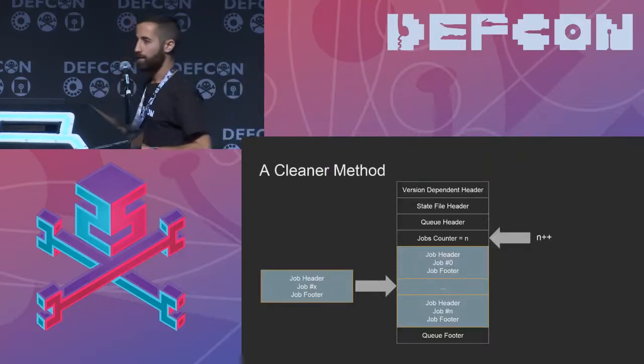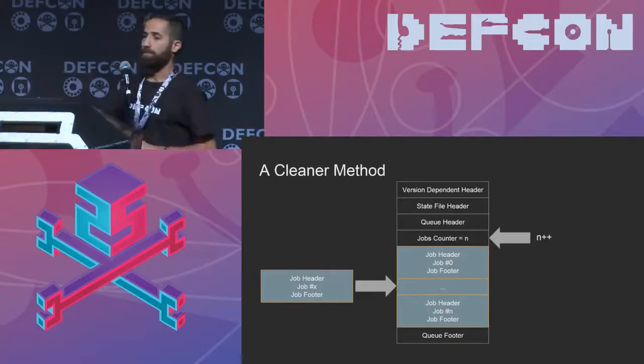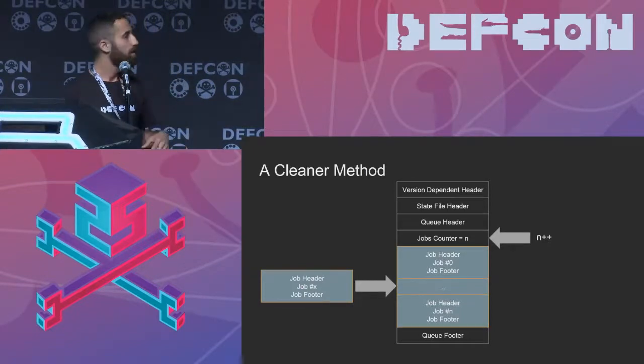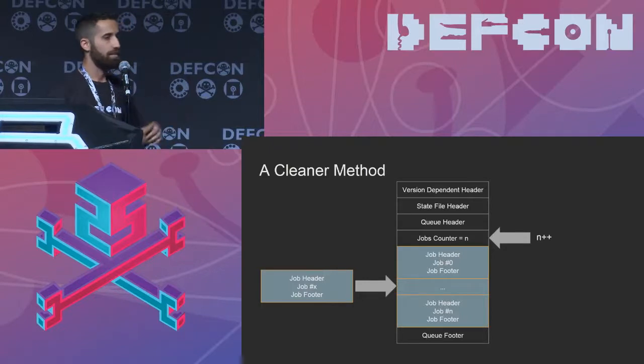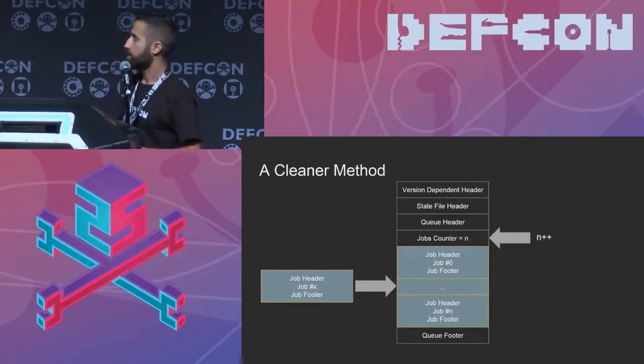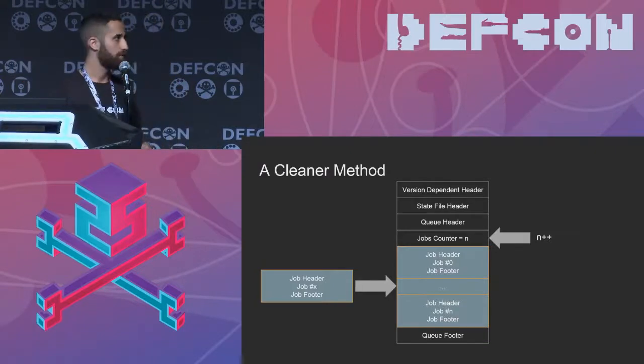Another improvement I wanted to make is to not overwrite existing jobs. If I put the whole file on a different machine, I would ruin the existing jobs and interfere with them. So what we had to do is just increase the job counter, which is located somewhere at the top of the queue structure, and push the job payload, the binary payload, to the right place.